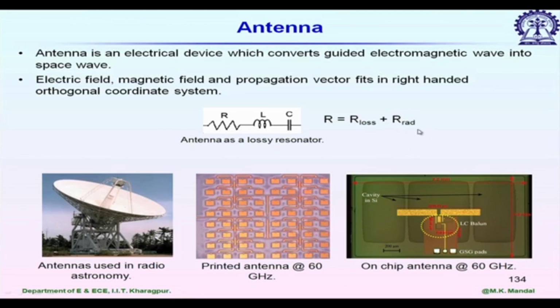The radiation coming from the antenna we represent by an equivalent resistor, we call it R rad, or the radiation resistance of the antenna. It is as if it is a loss for the structure, and it comes out in the form of radiation. So R is equal to R loss plus R rad.